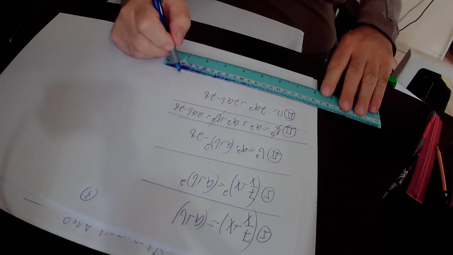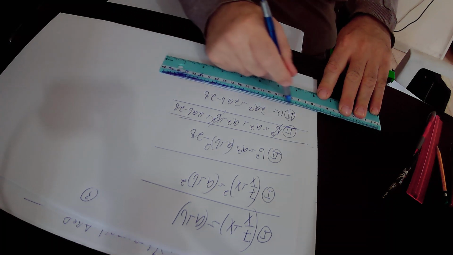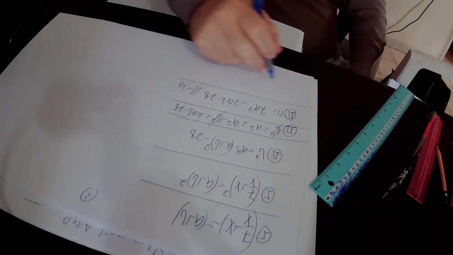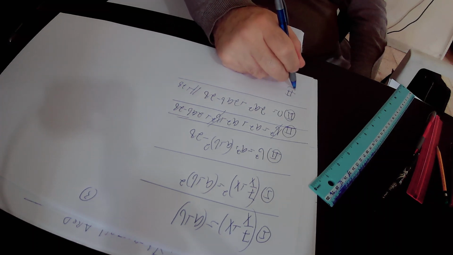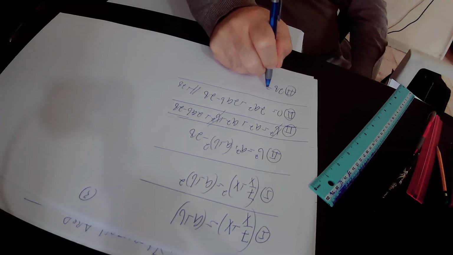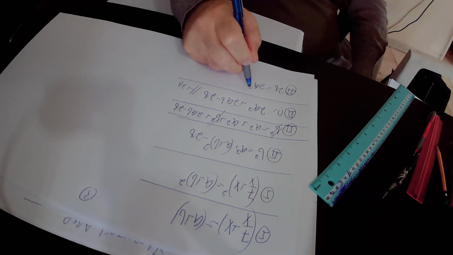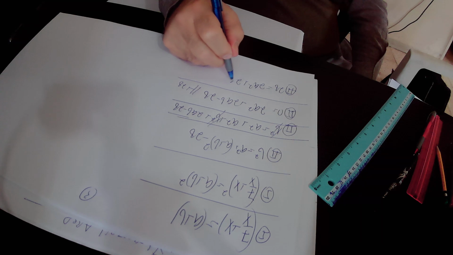So here we will add 28 to this equation, and we get that 0 plus 28 is 28. So 28 equals 2a squared plus 2ab.